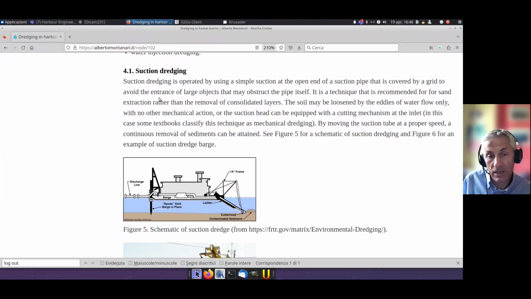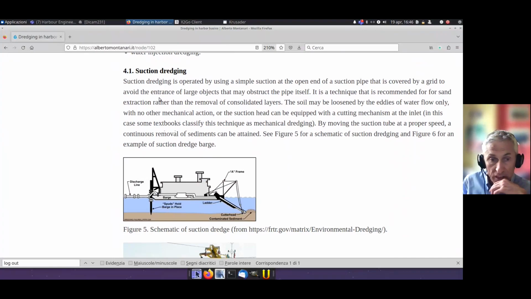In this case, some textbooks classify this technique as mechanical dredging, but the classification is not important. The important thing is to understand how it works so that we know what means we may use for dredging our harbor basin. By moving the suction tube at a proper speed, a continuous removal of sediments can be obtained. See the figure here, where we have indeed a cutter head.